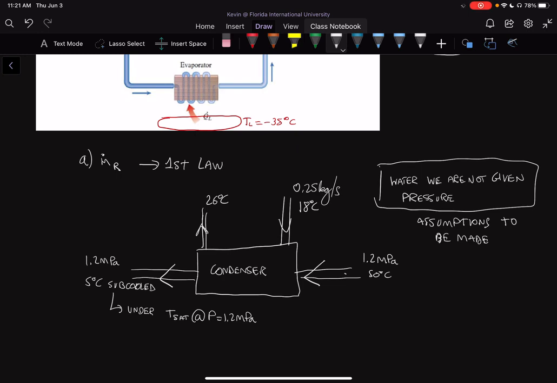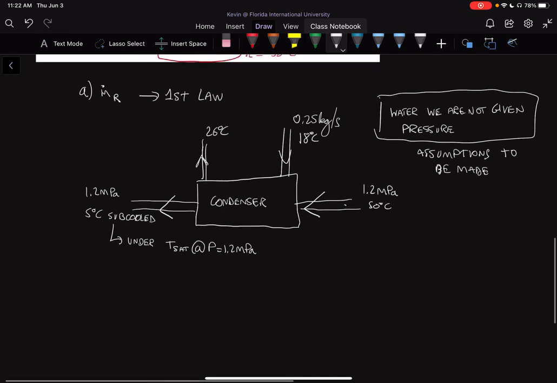So we're going to do a first law analysis of this heat exchanger. So we've done heat exchangers before. We've looked at how the heat exchangers work, but essentially we can do first law on heat exchanger.